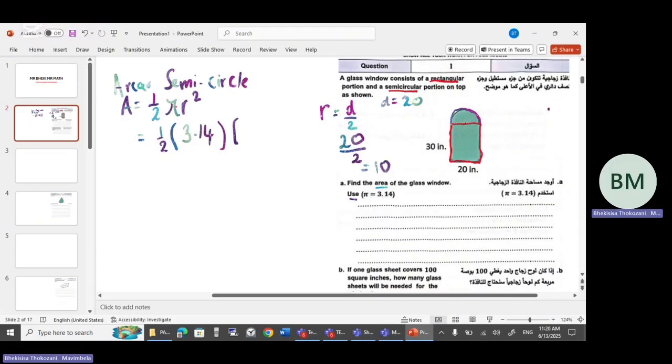So my radius is 10. I hope that makes sense, guys. So now I can put my radius here as 10, but it says all squared, so I'm going to put it all squared, because this is one of the things that most students make a mistake on.